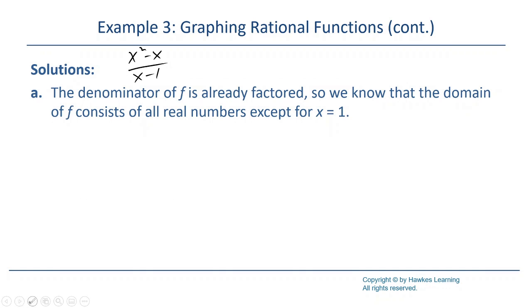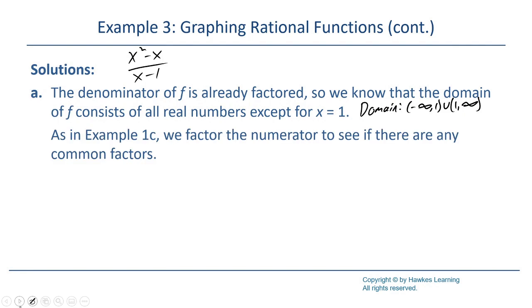So this one may look familiar. The denominator of f is already factored, so we know that our domain is going to be from negative infinity to 1, union from 1 to infinity. So we factor the numerator to see if there are any common factors. So we have f of x equals x squared minus x over x minus 1.